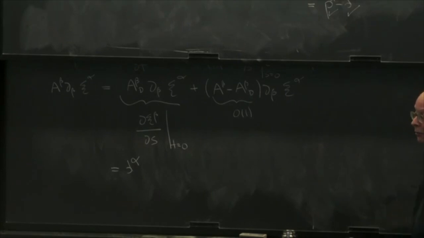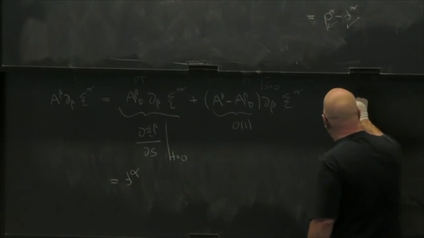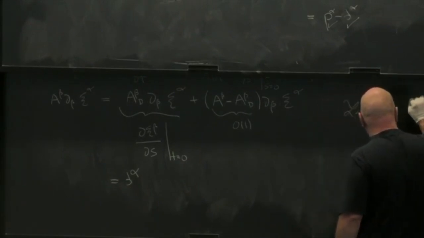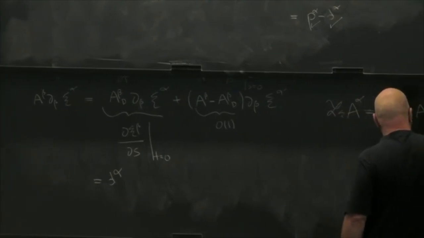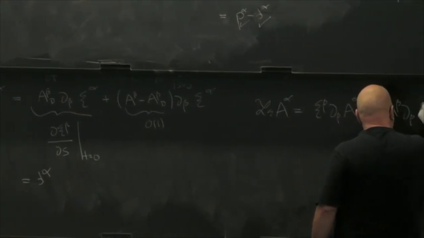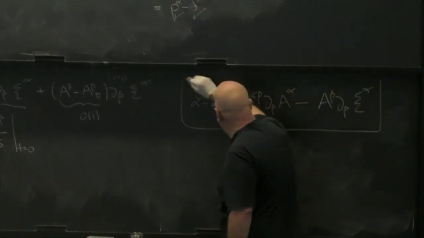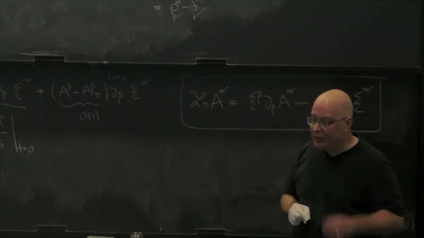So the conclusion from all of this, after all of this little setup and this side calculation, is that sure enough, the Lie derivative of A is the derivative of A in the direction of C minus the derivative of C in the direction of A. So we take the difference.